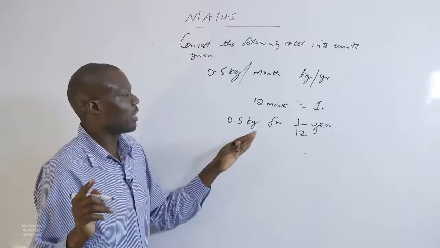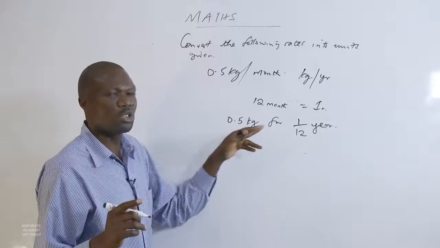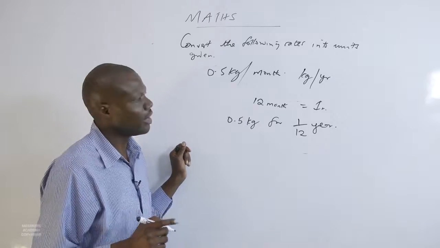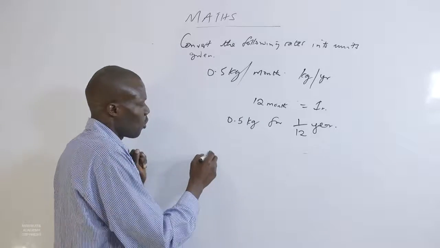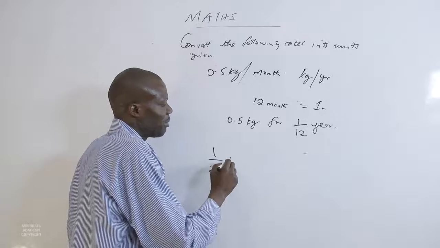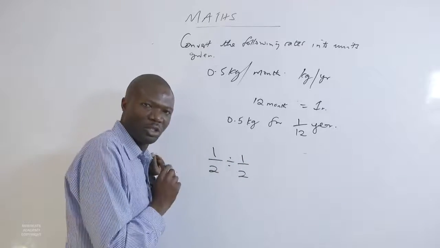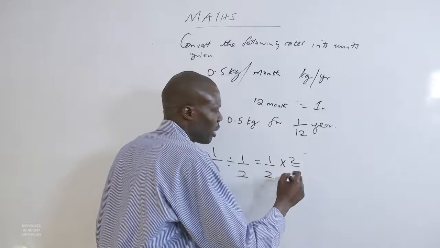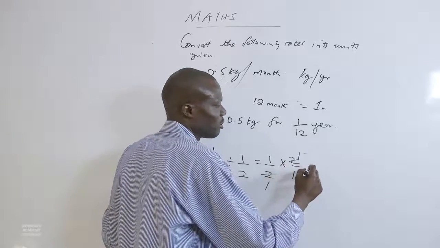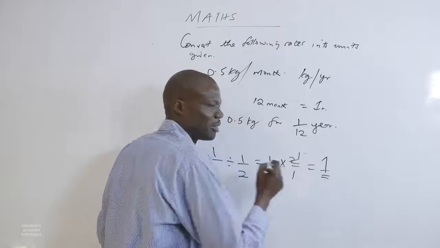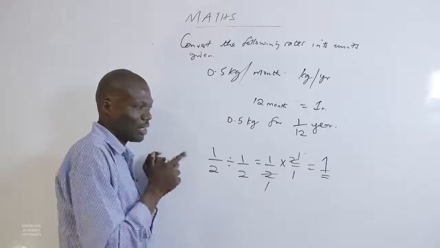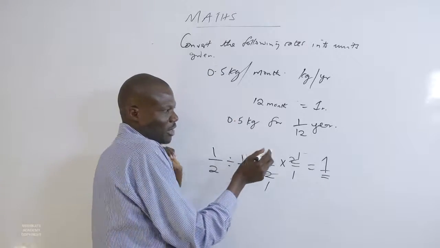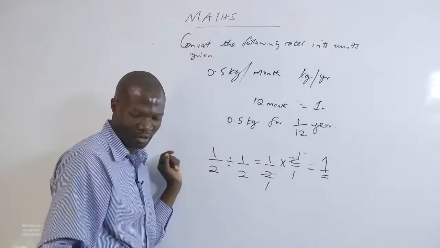Now, in fractions, we want to reduce this one to 1. Take note that 1 over 2 divided by 1 over 2 is the same as 1 over 2 times 2 over 1, which equals 1. You see that? I want you to see what is going to happen to 1 over 12.